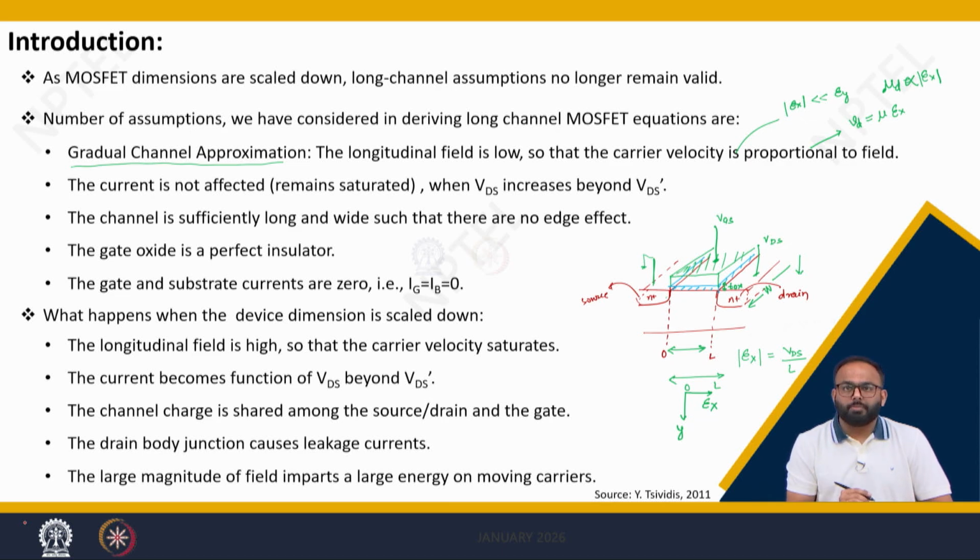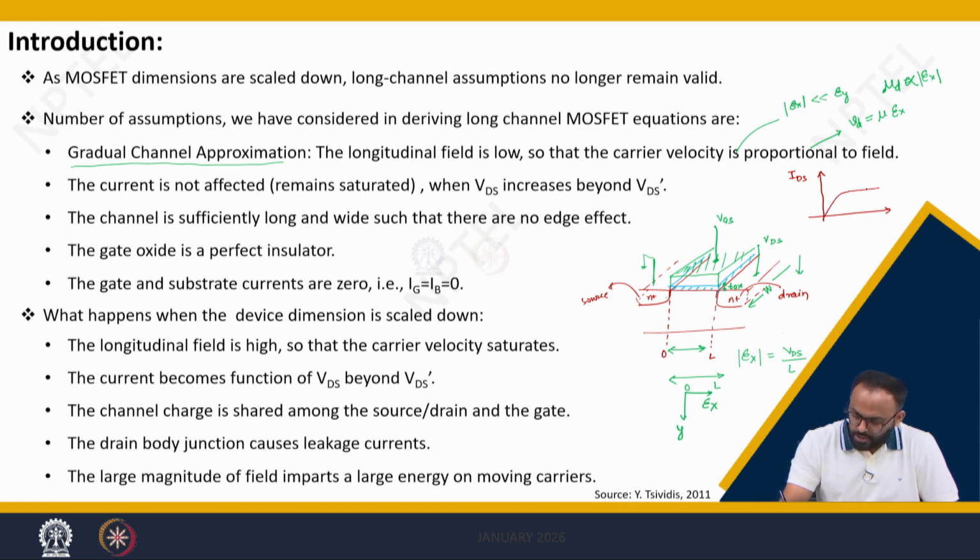The second approximation we have considered is when we find the current saturation, or the saturation part of the current, we found that the current is approximately, or almost, constant. It means the current is exactly parallel to the x axis.